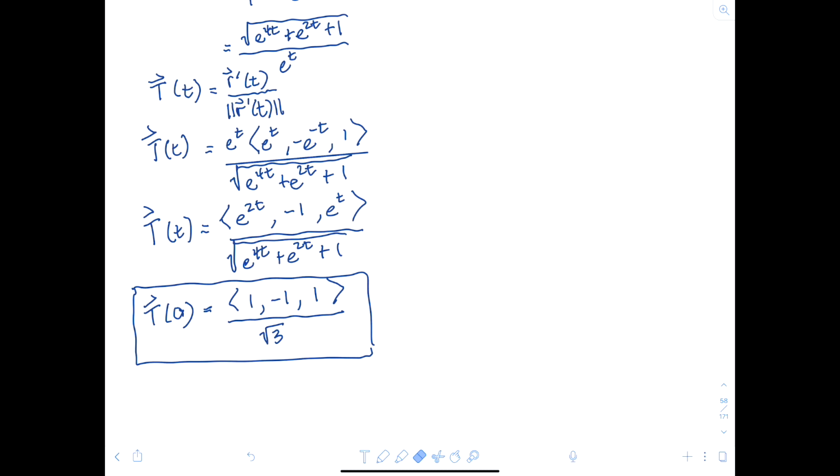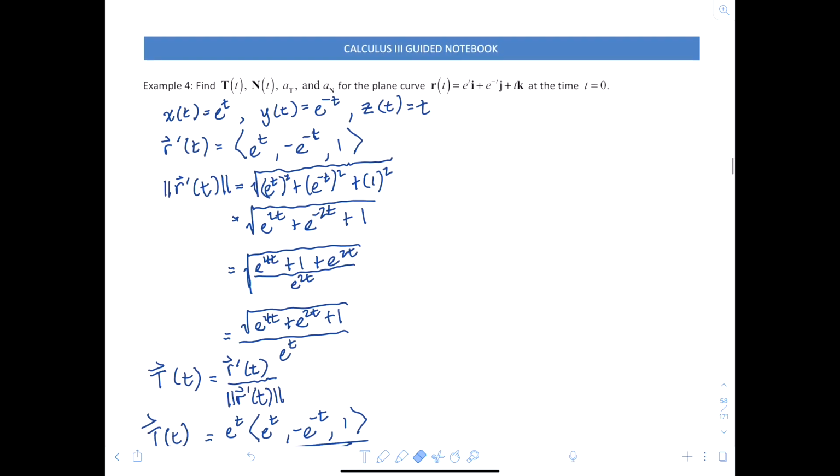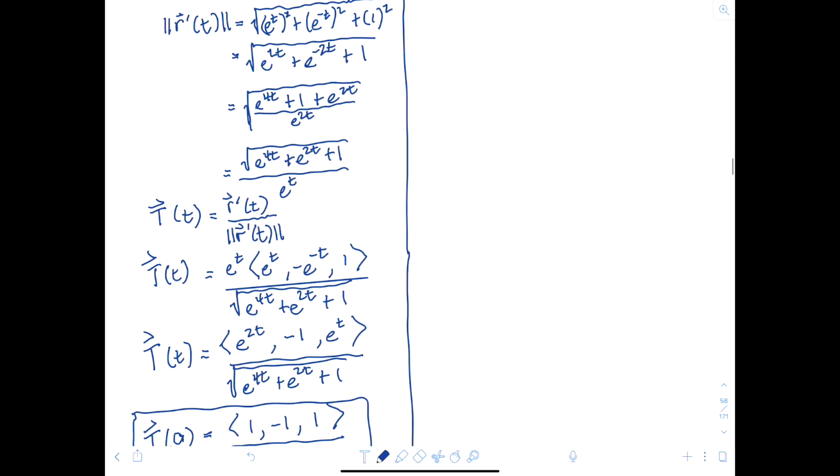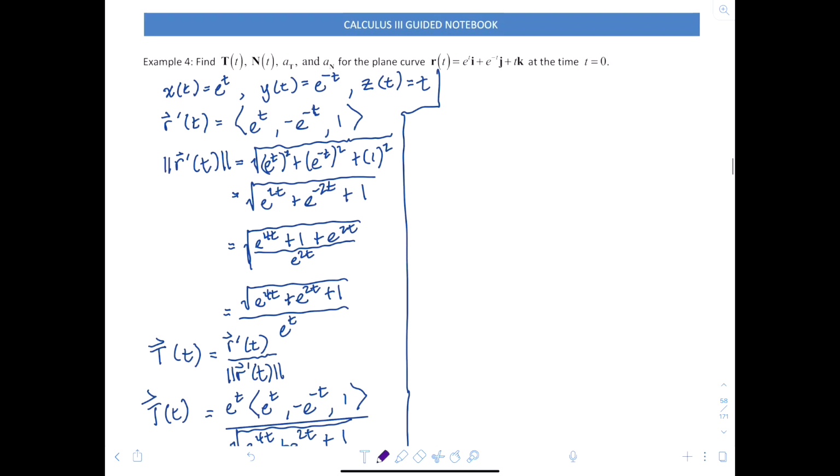So let's do it. n at t, remember, is t prime at t divided by the magnitude of t prime at t.